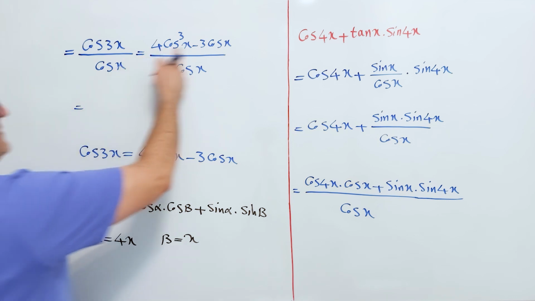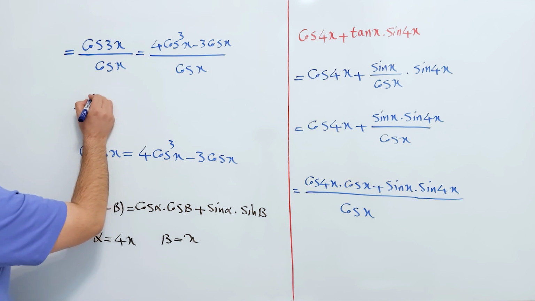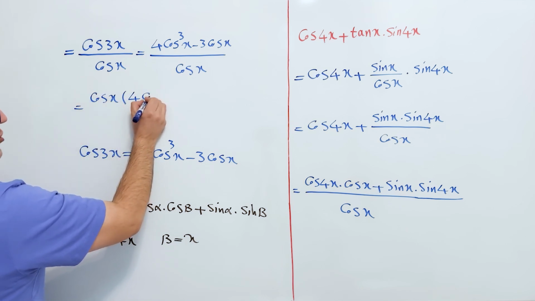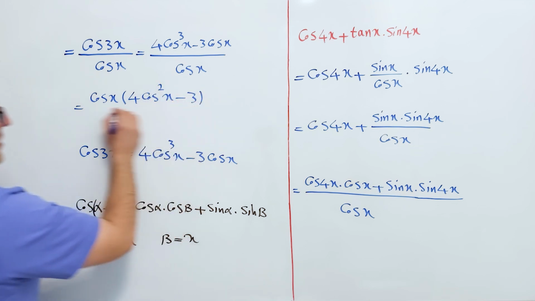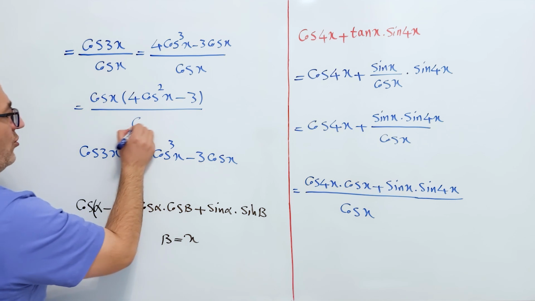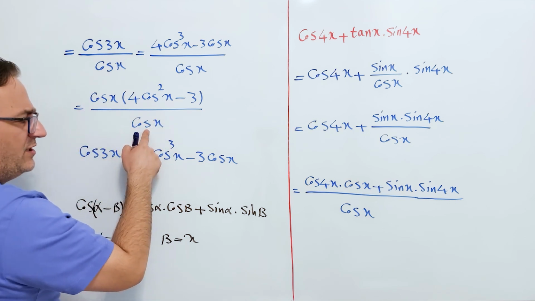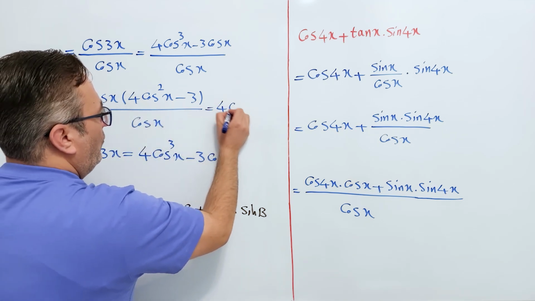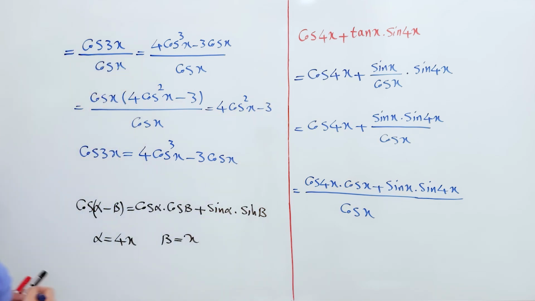And if we factor out cosine x in the numerator, we have 4 cosine squared x minus 3, divided by cosine x. Cosine x and cosine x cancel out, and we have 4 cosine squared x minus 3.